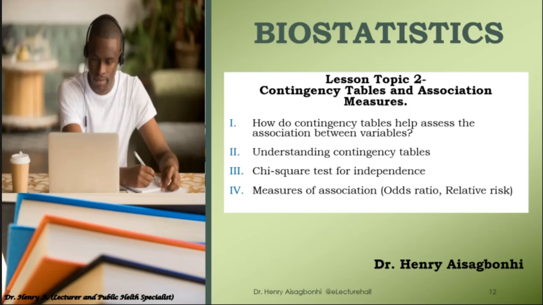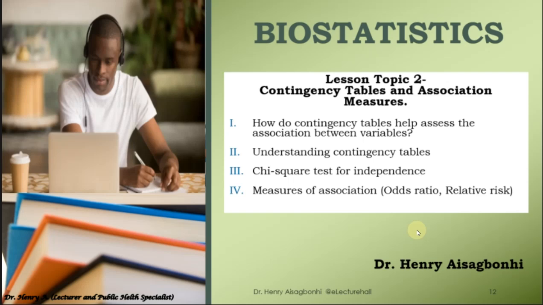Number 4, we will be seeing the measures of association. When we say the measures of association, we'll be looking at odds ratios and relative risk.